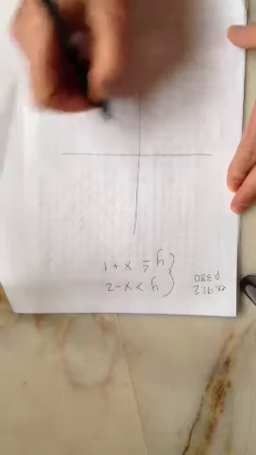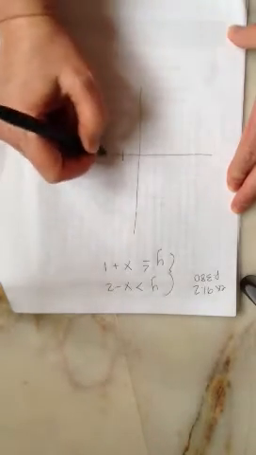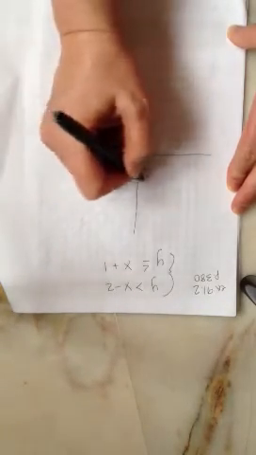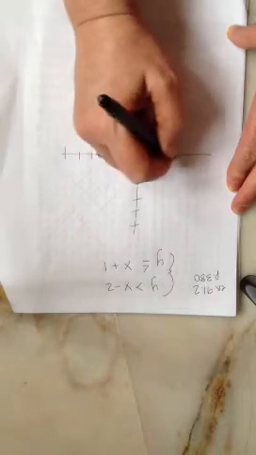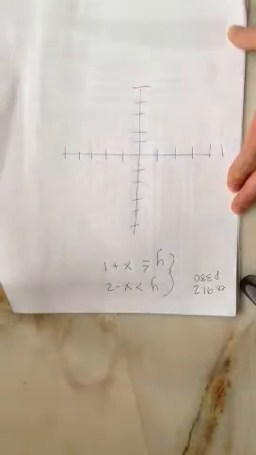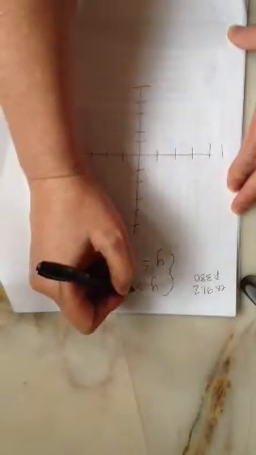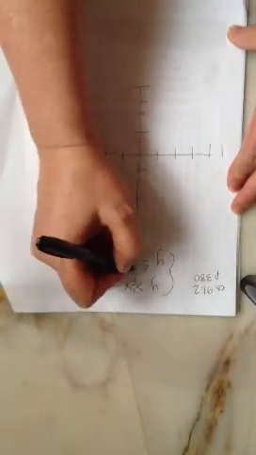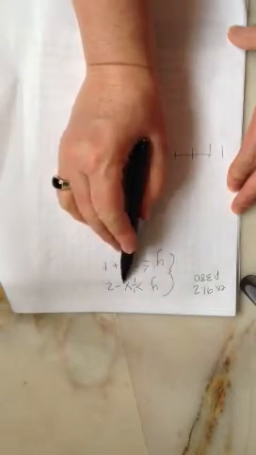I draw myself a big fat grid. I number it. I'm going to go up to 5. I'm not even going to write the numbers in. All right? Y is greater than x minus 2. Remember, this would be a slope of 1 over 1. So first we graph it as a line.